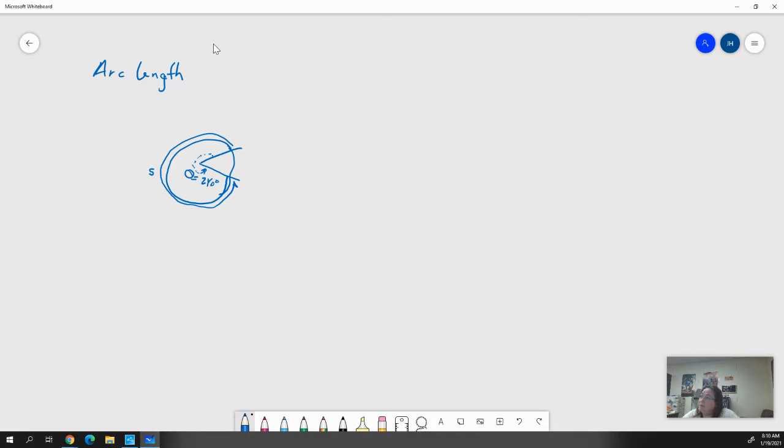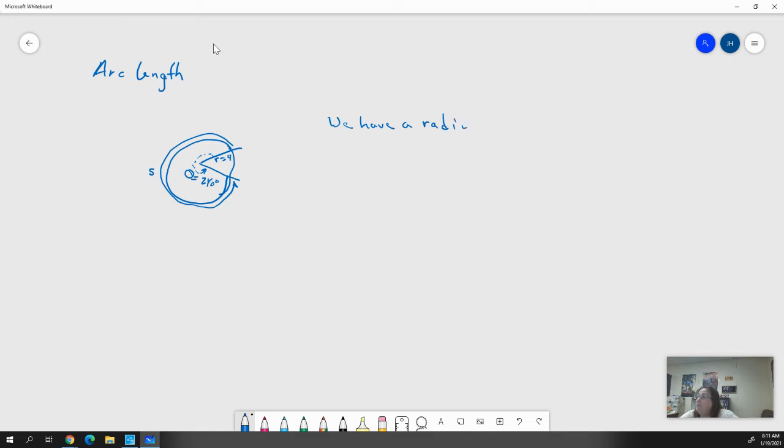There's other things we know. We know this is the radius, right? From here to here is the radius. We'll let this one equal 4. We have a circle of radius r, and in this case we're calling it 4, but we can have a circle of any radius length.